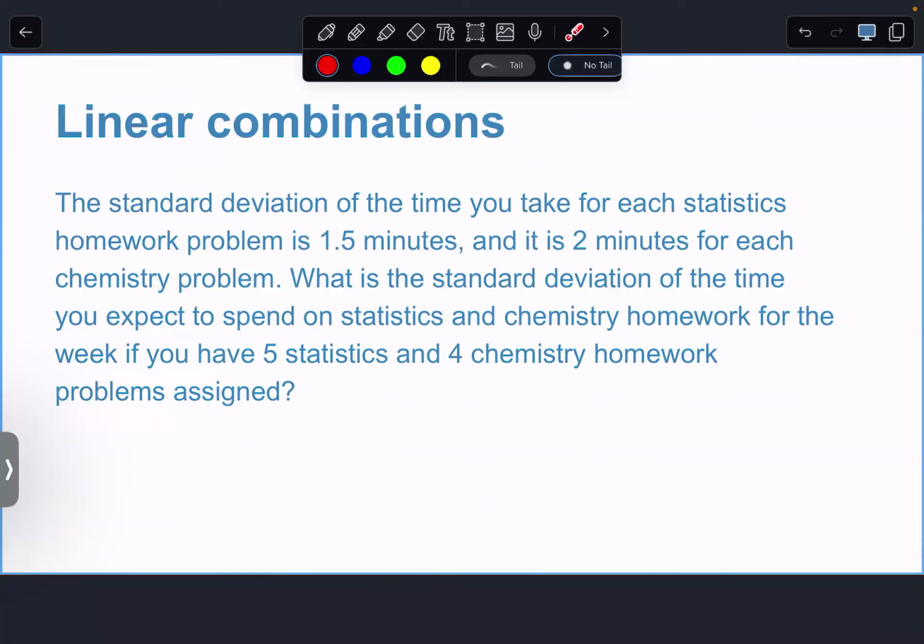Did I want to do this? This is the one I don't like. No, I don't like this one. Because I just spent a lot of time talking about how you have to pull out the constant and square it, but then in this case you don't. That's why I don't like this one. So we're just going to skip it. It's okay.